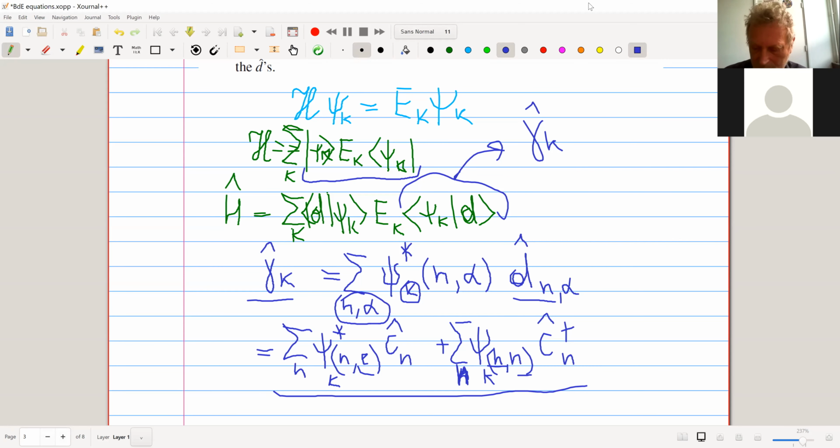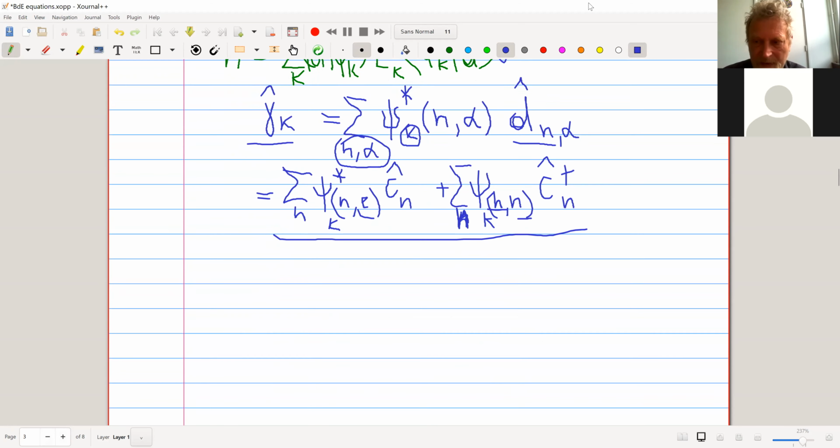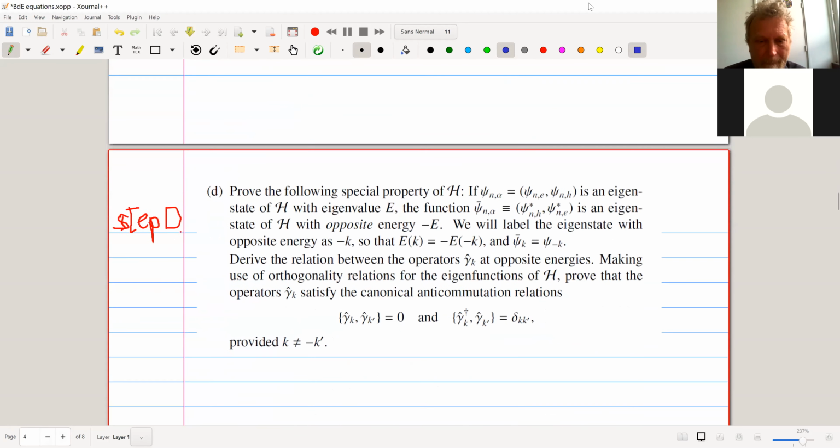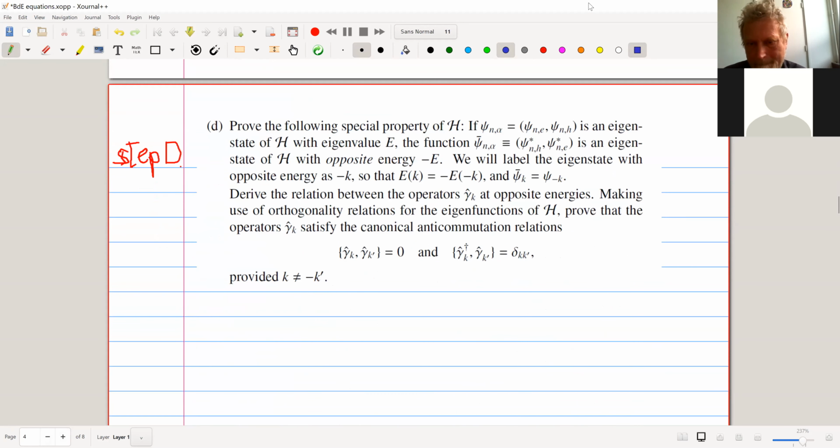Let me go to the next problem. We still have to deal with this doubling. Why do we have to deal with this? The initial operator set was doubly defined.